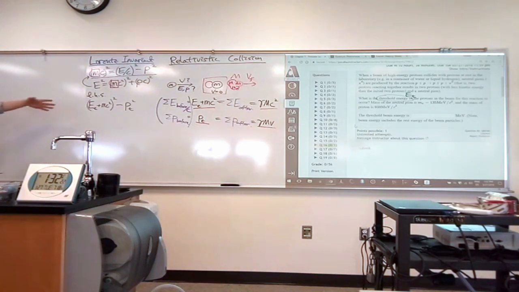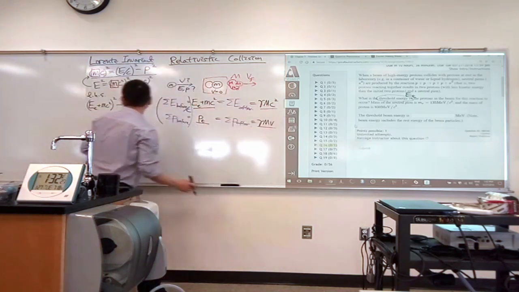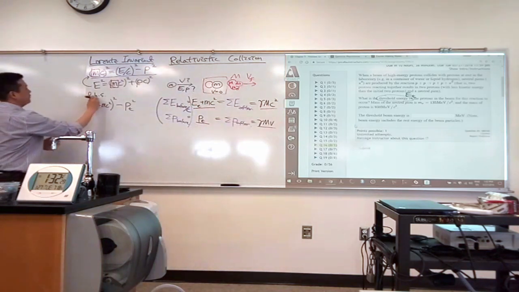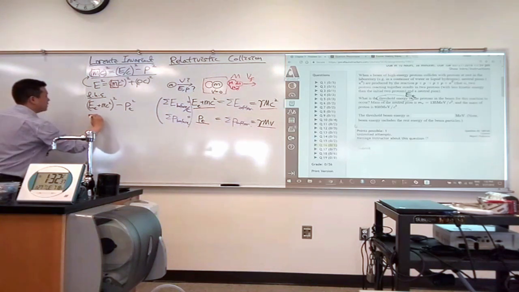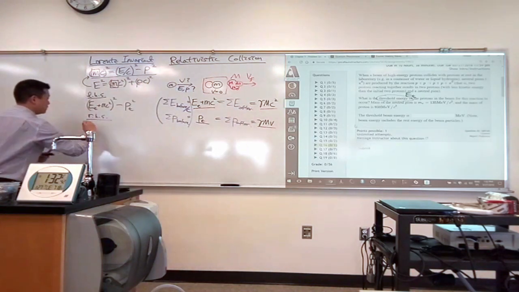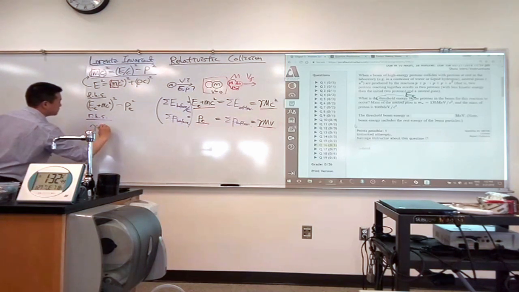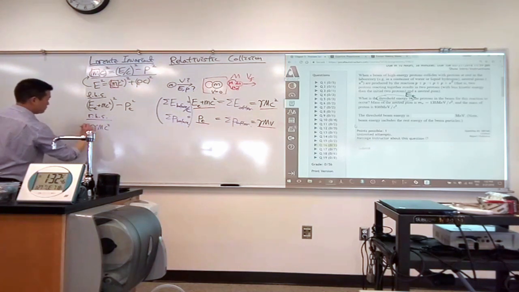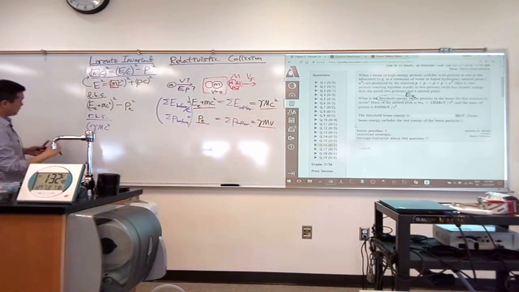That's the left-hand side squared. And the right-hand side squared would be, let me do that in a different color, this squared minus this squared, gamma big M c squared. Oh, wait. I forgot a factor of c somewhere.